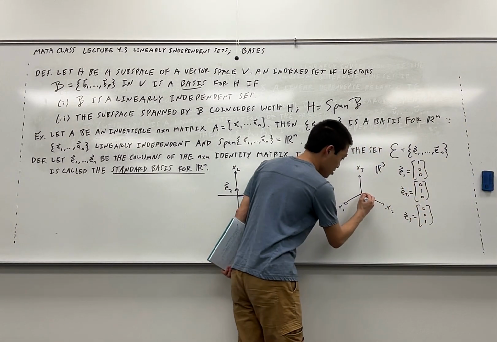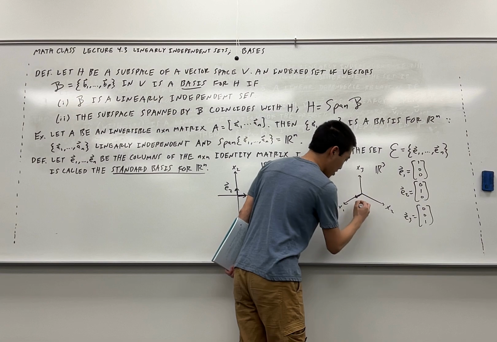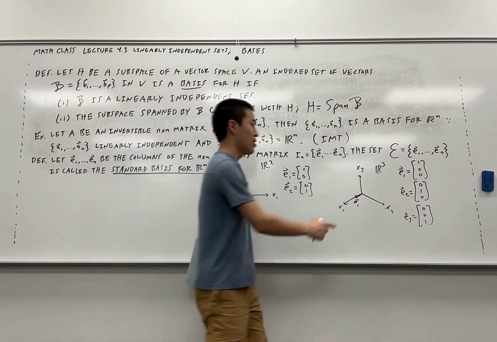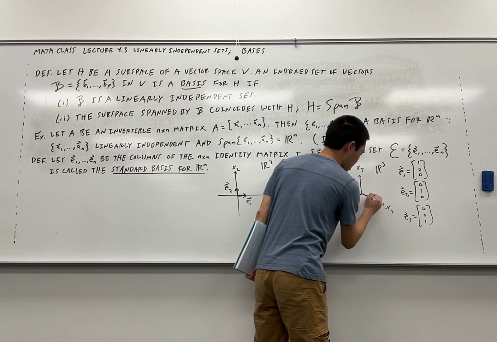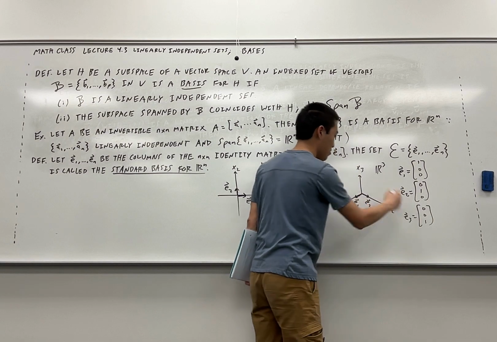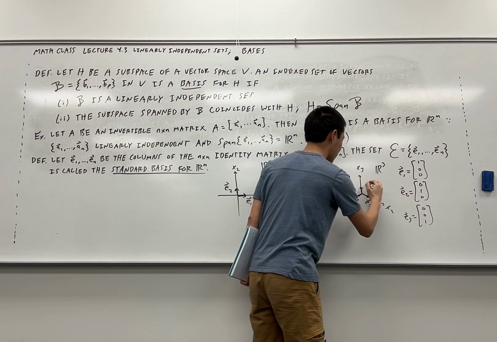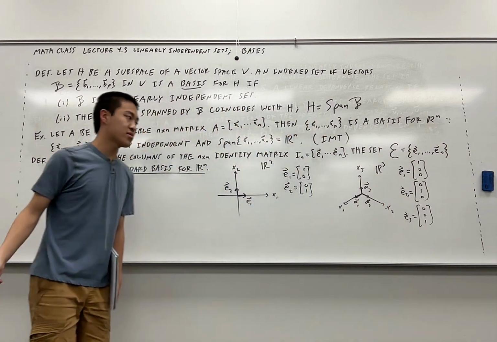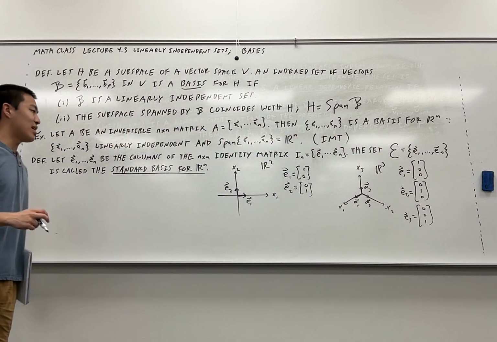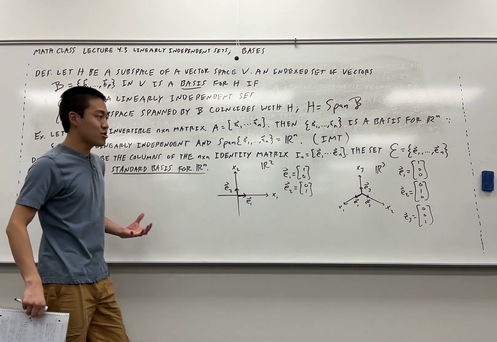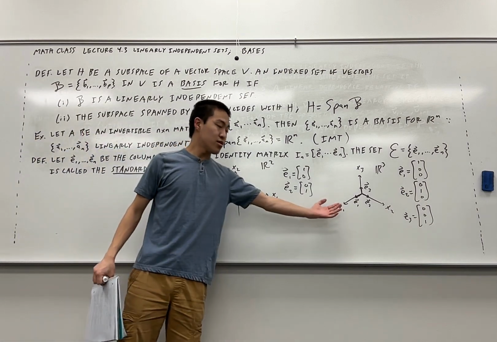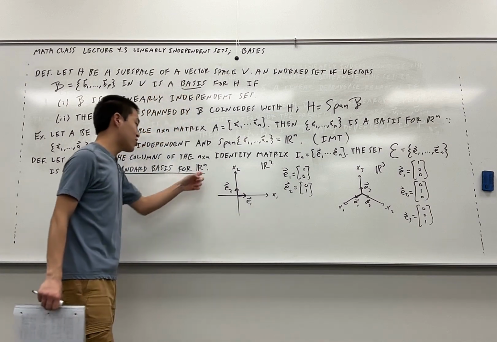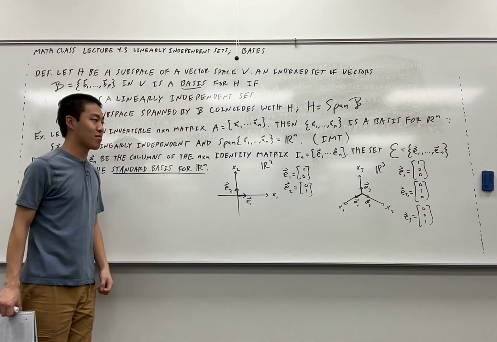1, 0, 0 is just the unit vector here in the x1 direction, and the E2 along the x2 direction, and now we just have a third spatial dimension we can visualize going vertically. This is i, j, k, okay? So this standard basis for Rn is essentially saying the unit vectors, generalized to any size of space Rn.